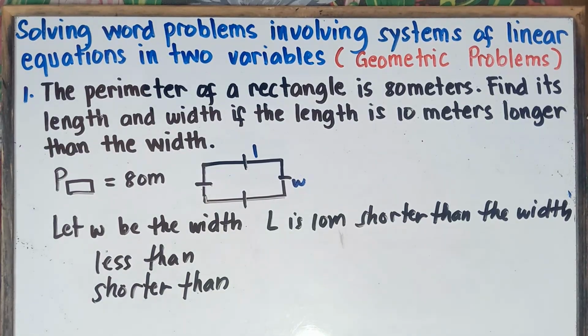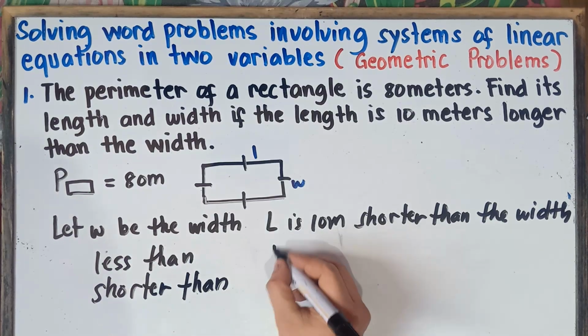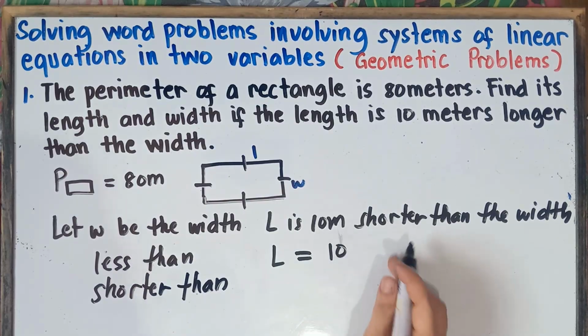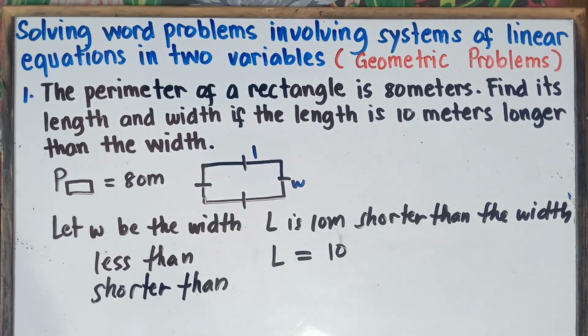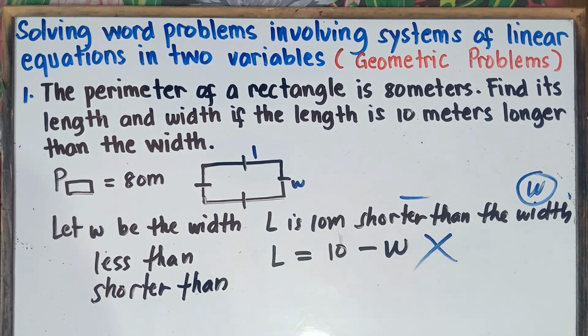How will you write this one, class, in a mathematical equation? Of course, length, that would be L, is, that would be the equal sign, 10 meters, that would be 10. Shorter than, of course, that would be minus, and then the width, that would be W. Now, if your answer, class, is L equals 10 minus W, I'm sure 100% you will commit a mistake in solving this one.